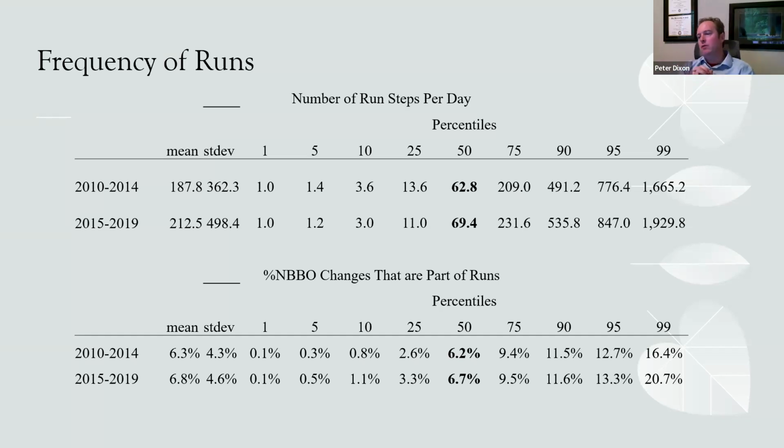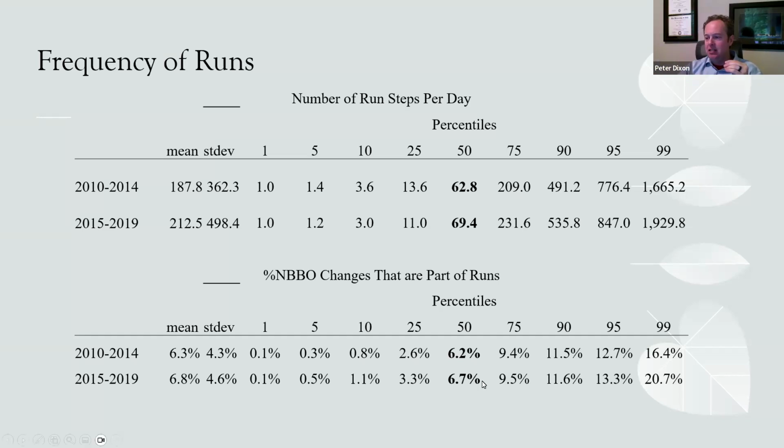But probably more relevant is the percent of NBBO changes that are part of runs. If you take the full and complete NBBO data, you can count the number of NBBO changes that occur in a day, and divide the number of run steps in a day by that, to calculate the fraction of NBBO changes that occur due to what we're identifying as a run, which is a series of single tick updates followed by a trade.